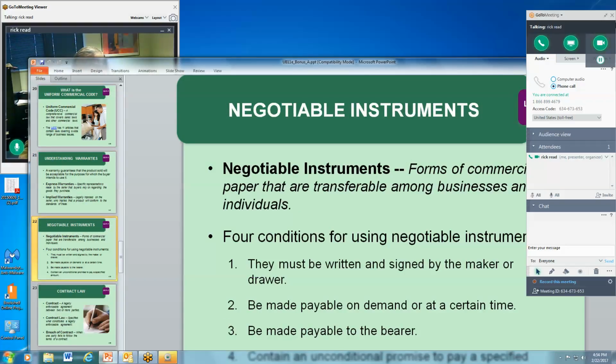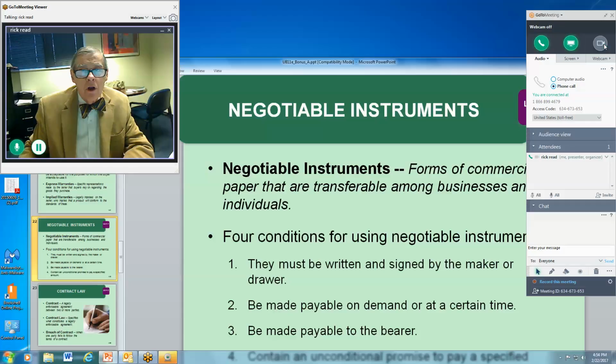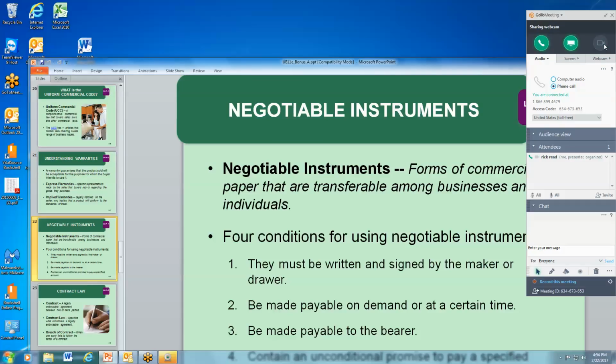Now, we get into what are known as negotiable instruments. This means that if you have a negotiable instrument, it could be turned into cash or something else.